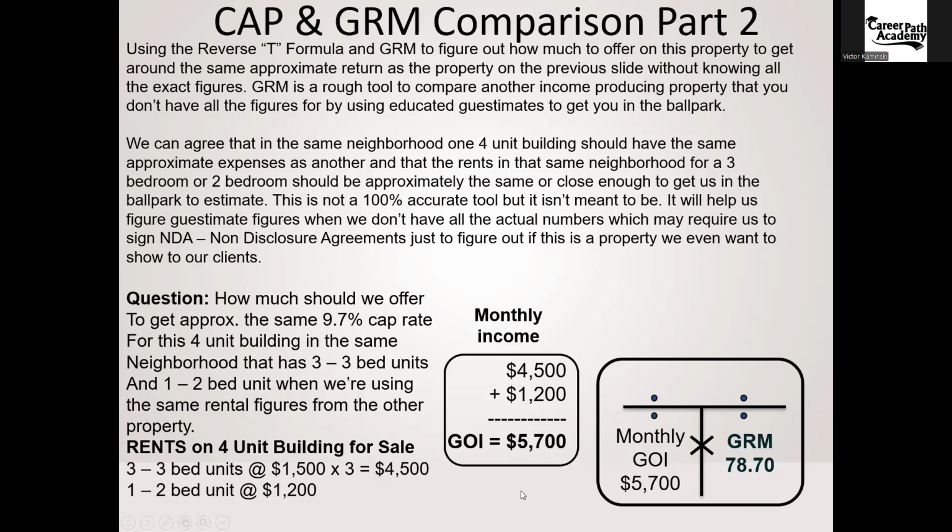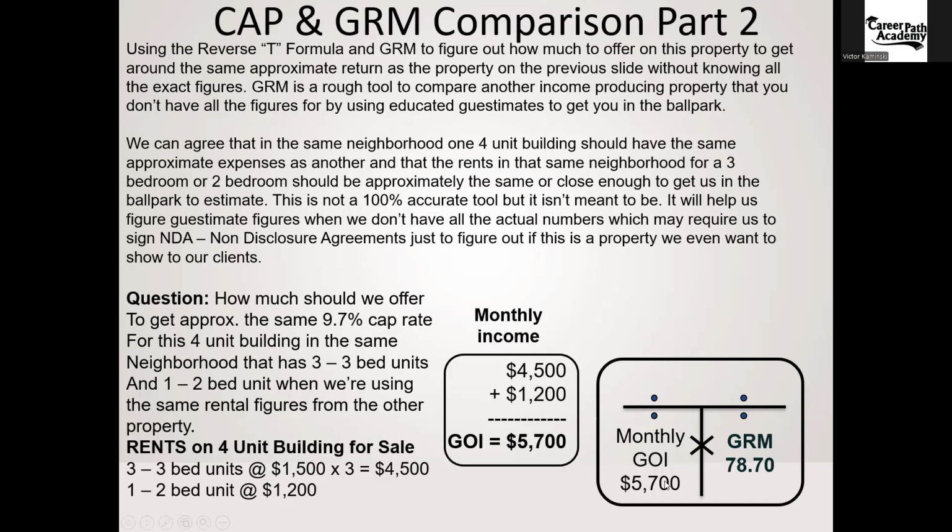Now, on that other property, if you wanted to calculate what the offer price would be with a different cap rate, well, you could figure out the cap rate on it and then do the GRM at a different cap rate, okay, to figure out what the offer price would be. But this is for a 9.7% cap rate guesstimate.